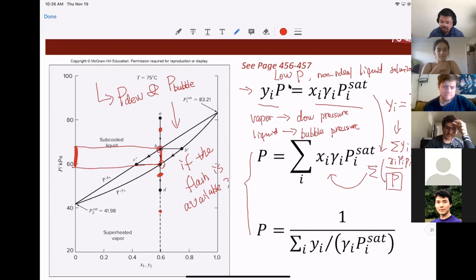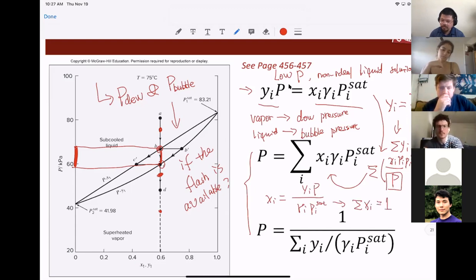Okay. On the other side, if we are moving from the liquid phase, we try to figure out the bubble pressure. Then again we apply the summation form.